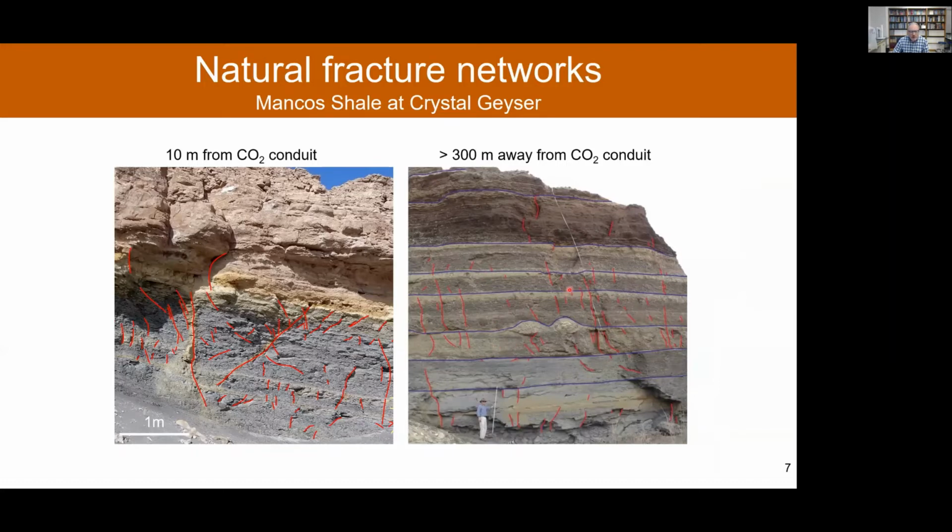And there are fractures also in the shale away from the fault. And this may be in part because of surface exposure, but the fractures are very different. They are much more connected in the vicinity of the fault, and they have those alteration halos. So we think this is the effect of the CO2 weakening and altering the rock, which we don't see if we go away from the fault.